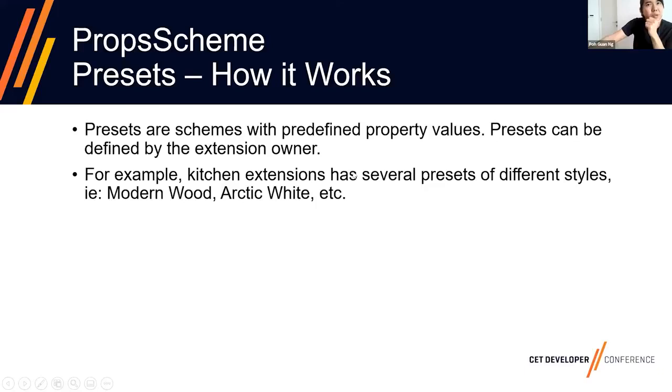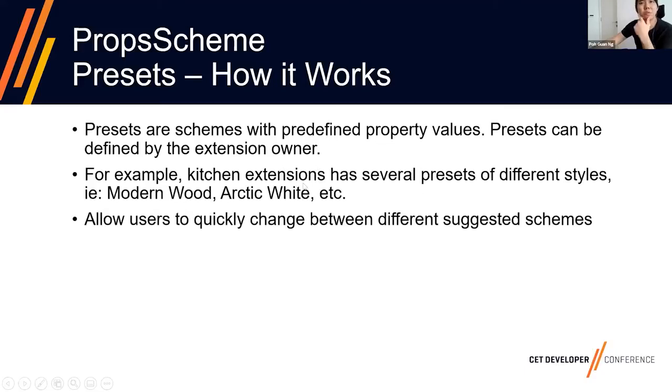A good example would be kitchen extensions, because they have a lot of different styles and different presets, actually. Maybe they have Arctic white or modern wood, something like that. This allows the user to quickly change between several different suggested schemes.